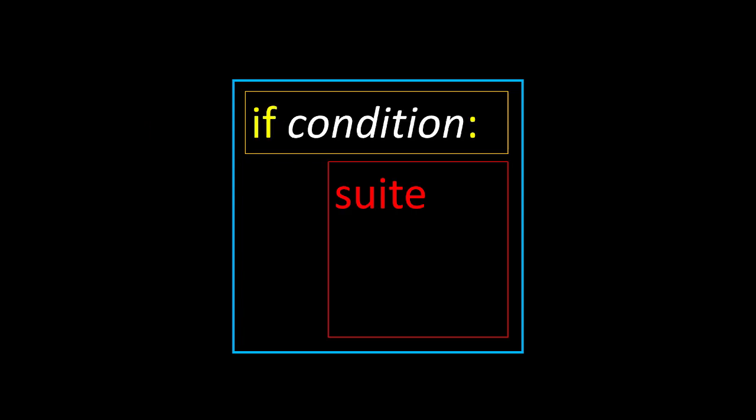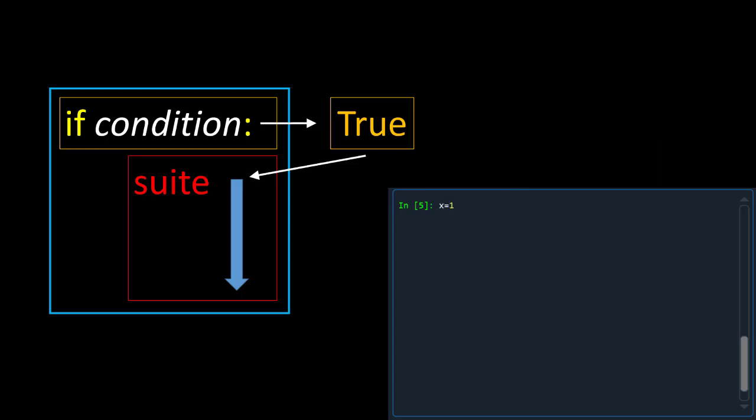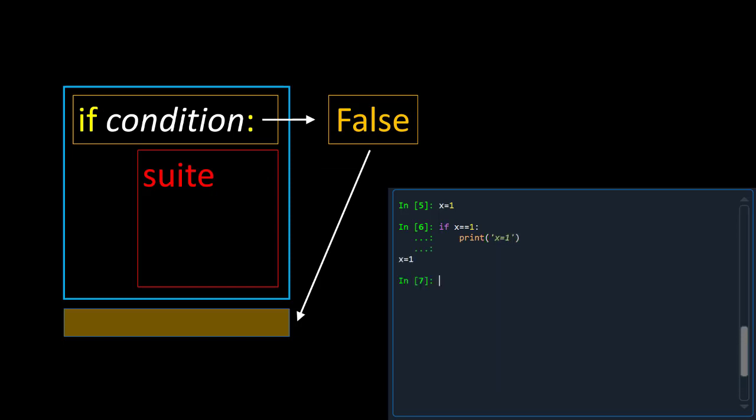The header statement is if condition followed by a colon. The condition is an expression that evaluates to true or false. If true, flow is directed to execute the suite, and if false, to skip over the suite to the next statement after the suite.